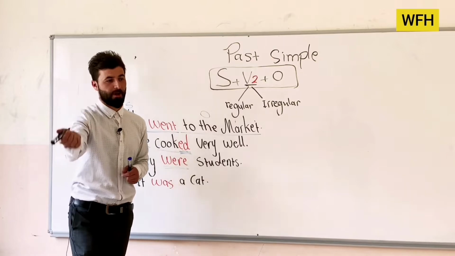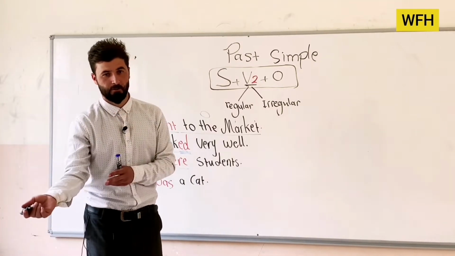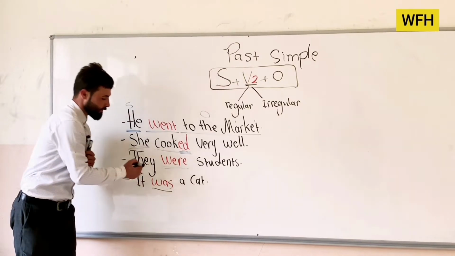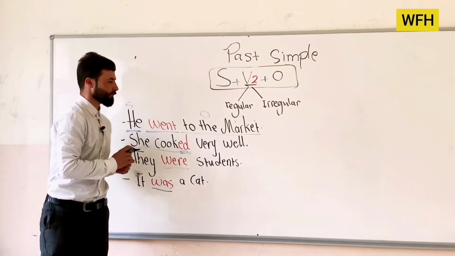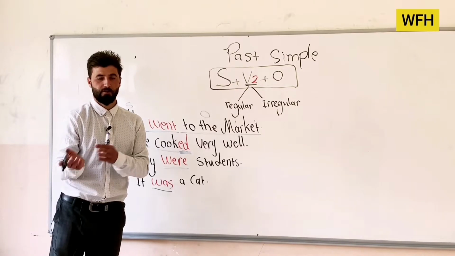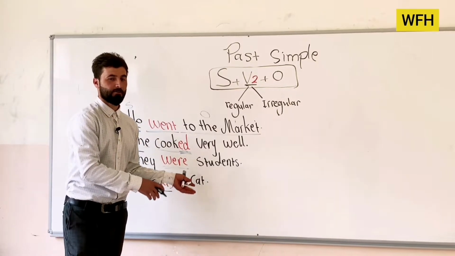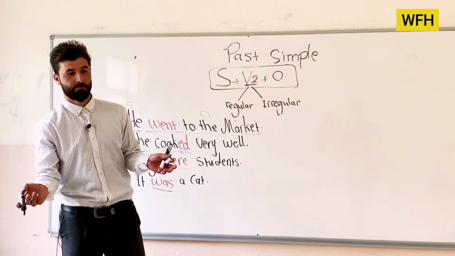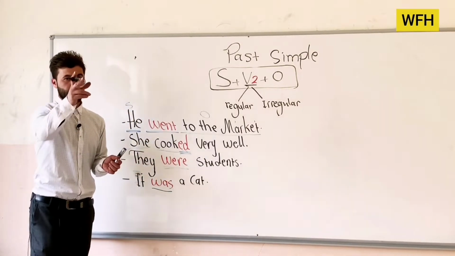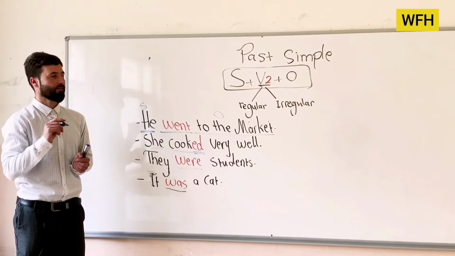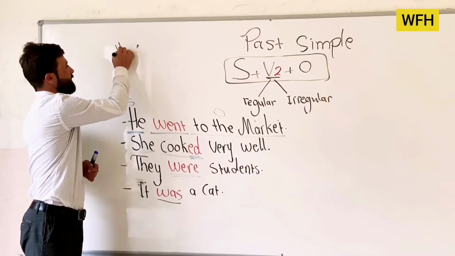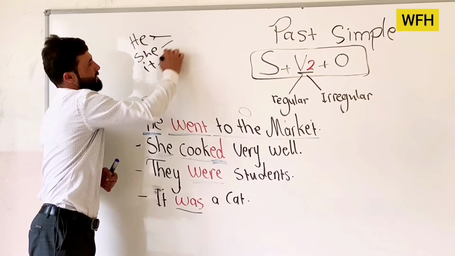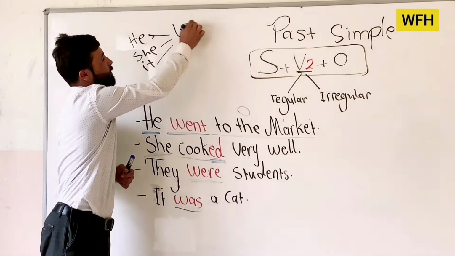He was a man. She was a girl. You see how was works? But here, they were students, they were friends, they were doctors, or you can say we were friends, you were students. You have to be very careful. Whenever you have he, she or it in past simple, then you need was.